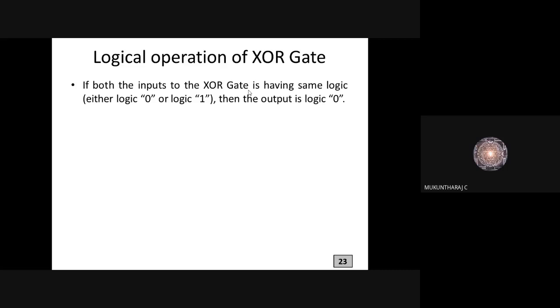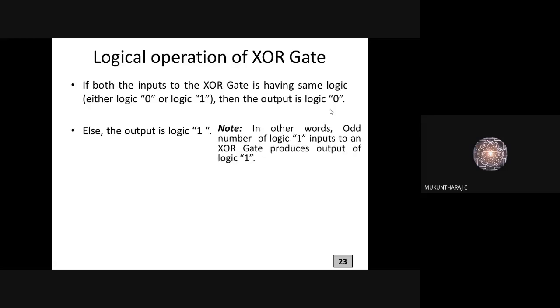The logic may be 0 or 1, but both the inputs have the same logic. A and B both are 0, or A and B both are 1. Then the XOR gate produces logic 0 as the output. Otherwise, the output will be 1.